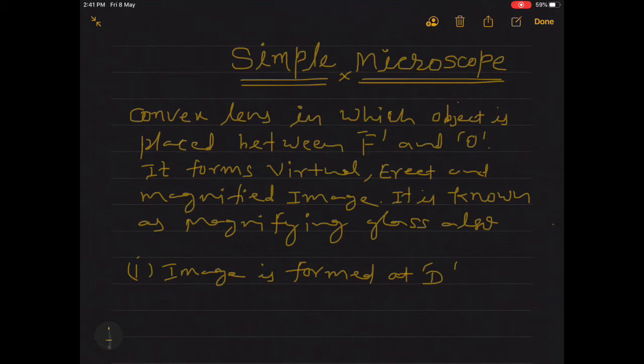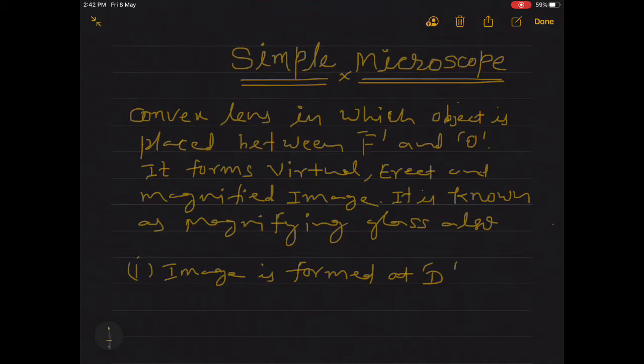So this is used particularly for magnifying the size of image, and therefore it is known as magnifying glass also. As far as simple microscope is concerned, this is the very fundamental device or instrument in the field of optical instruments.